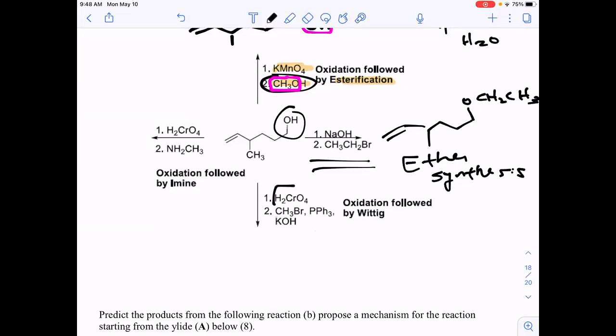You've got chromic acid, you've got a primary alcohol. You'll get an aldehyde. Yes, you're going to convert the alcohol into an aldehyde. Good. So that's the oxidation part.